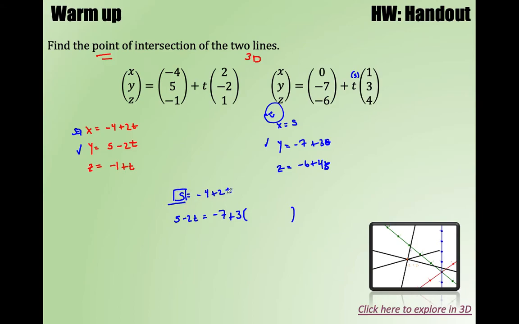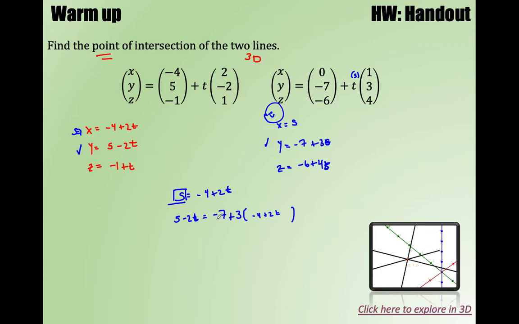So since this expression is equal to s and is in terms of t, and I already have the left side over here in terms of t, I'm just going to plop -4 plus 2t in here. And then I'm going to do algebra 1.